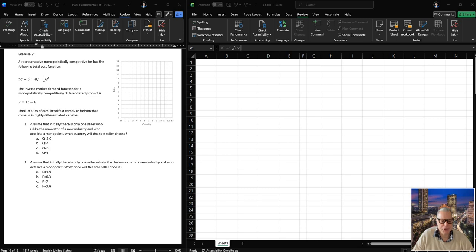What this exercise will ultimately show is that in a monopolistically competitive market, each firm in its own market segment, which is highly differentiated, acts like a monopoly, but at the same time makes zero economic profit, just like in perfect competition. So it's a very interesting market form, and I hope this exercise will help to review again what's happening.